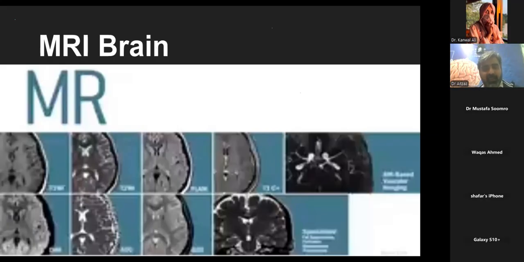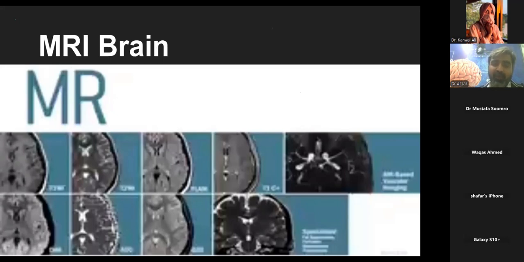The standard MRI sequences are T1 weighted, T2 weighted, FLAIR and MRI contrast. These are the standard MRI sequences we routinely do, and to some extent diffusion weighted imaging. All the other sequences are special sequences, used when we want additional information about a particular pathology.